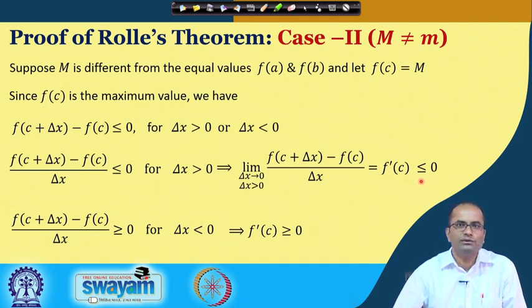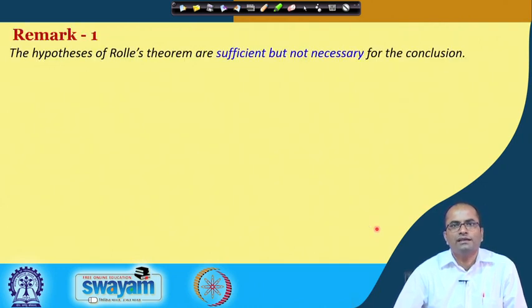So, out of these two, we conclude that f'(c) has to be 0 because it cannot be less than or equal to 0 and greater than or equal to 0 at the same time. So, the only possibility is that f'(c) has to be 0. So, in this way we have proved that there is a point c in the open interval where the derivative vanishes.